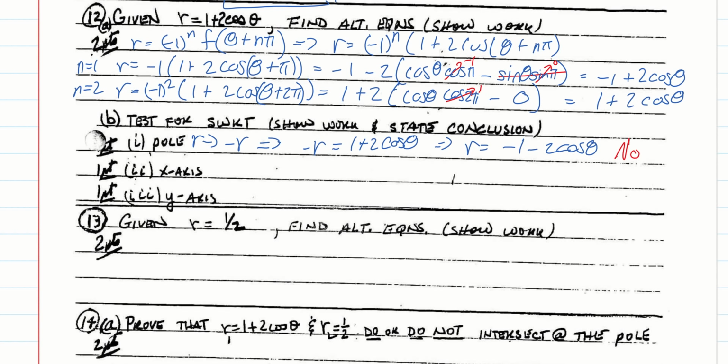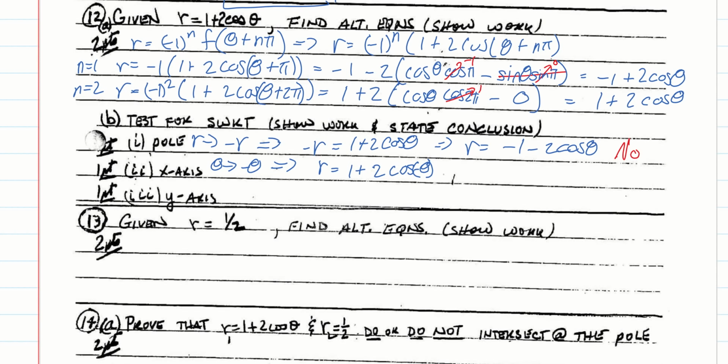And then we have x-axis. So for x-axis, we have to replace theta with negative theta. So we have r equal to 1 plus 2 cosine negative theta. And we have to know our identity for cosine theta and cosine negative theta. Cosine's an even function, so we know that f of negative x is going to equal f of x.